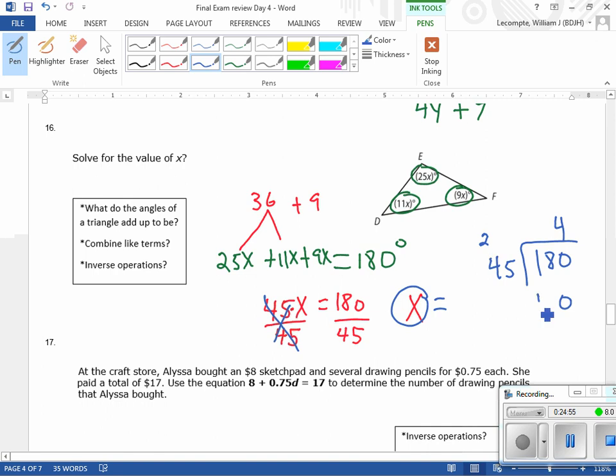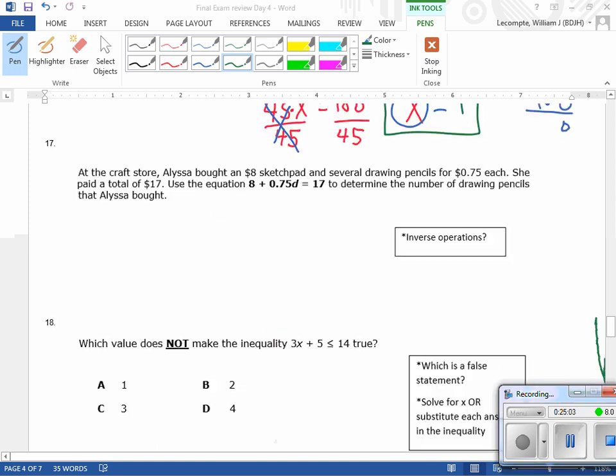Number 17. Okay, we have 8 plus 0.75d is equal to 17. First thing I do is subtract 8 from both sides. I get 9. This goes away, 0.75d is equal to, well, I have to divide by 0.75, right?